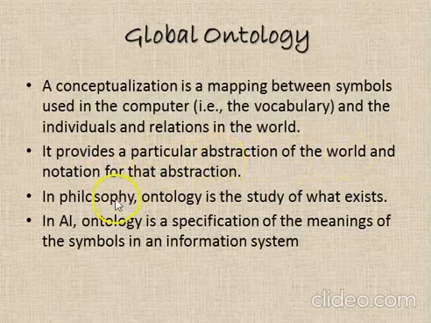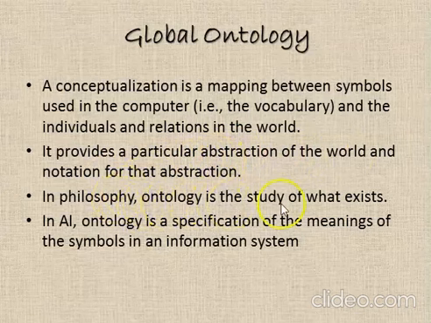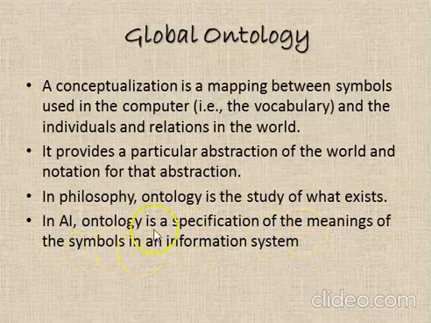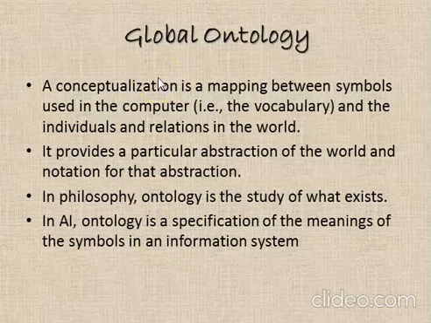In philosophy, ontology is the study of what exists, and in AI, ontology is a specification of the meaning of symbols in an information system. So we will be storing some symbols in an information system, and they should have some meaning, and that meaning is called ontology in artificial intelligence.